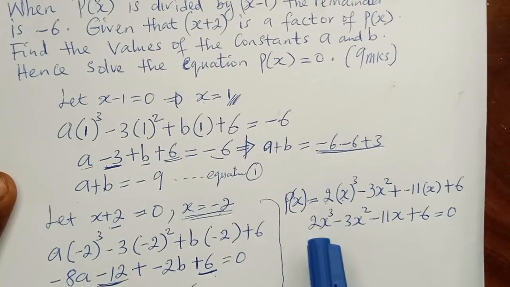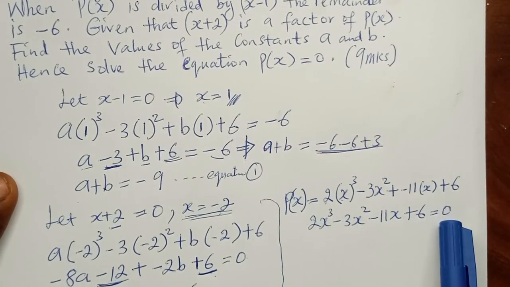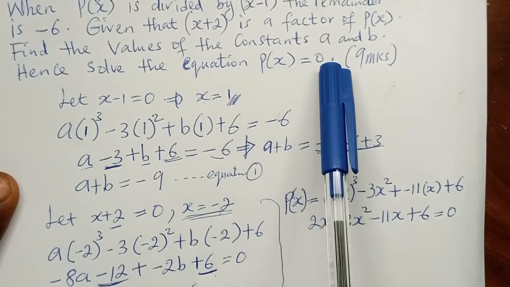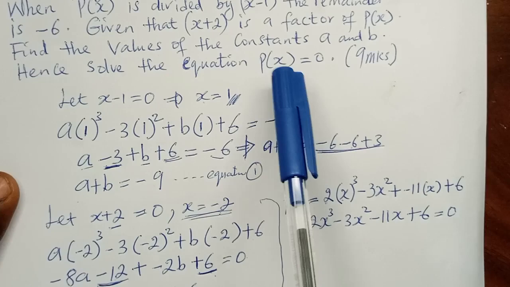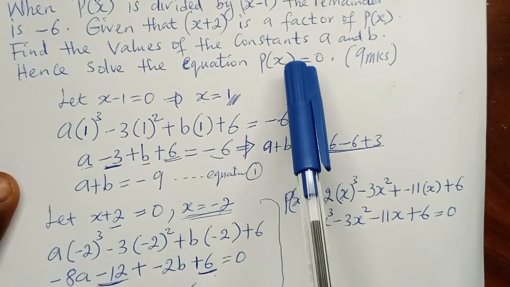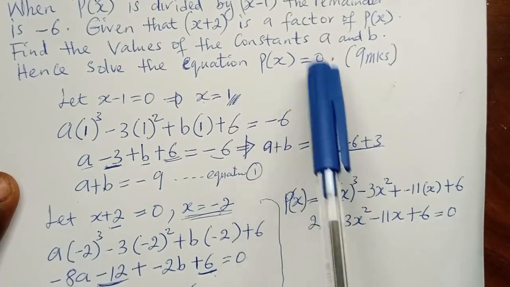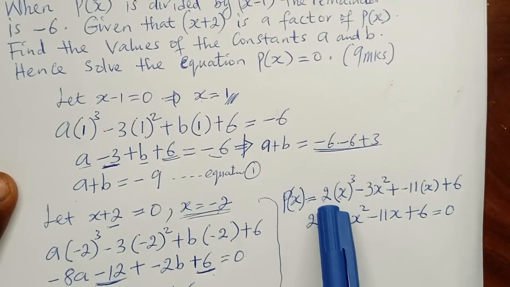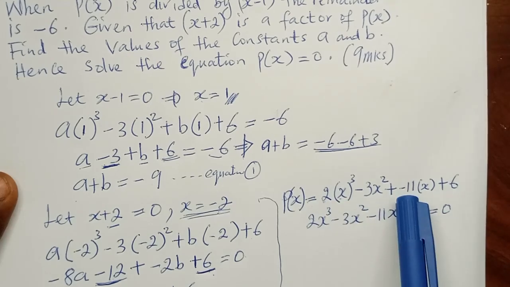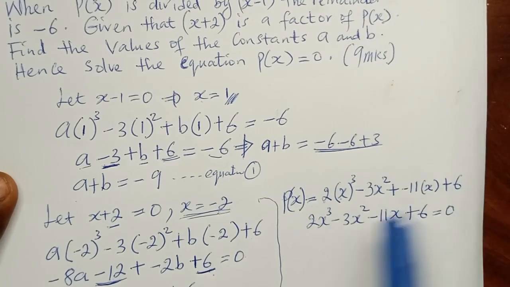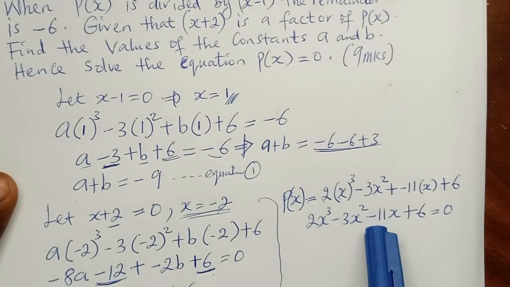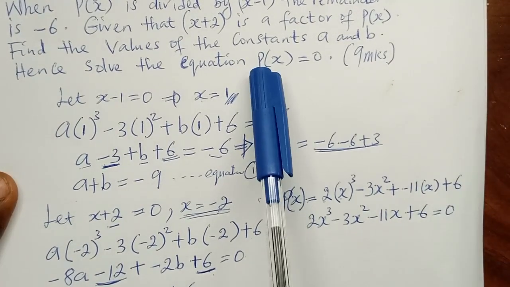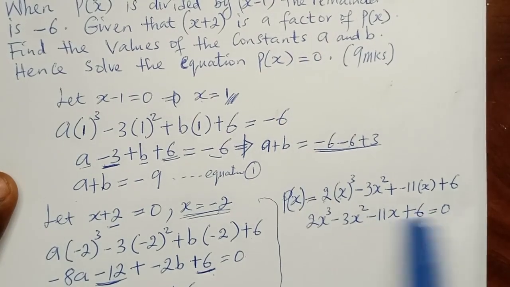Therefore, let's rewrite P of x fitting in the values of a and b and equate it to 0, which is what we have done here. The value of a was 2 and the value of b was minus 11, and we have 2x cubed minus 3x squared minus 11x plus 6. They told us to equate to 0, so P of x is equal to 0. So we have this expression.